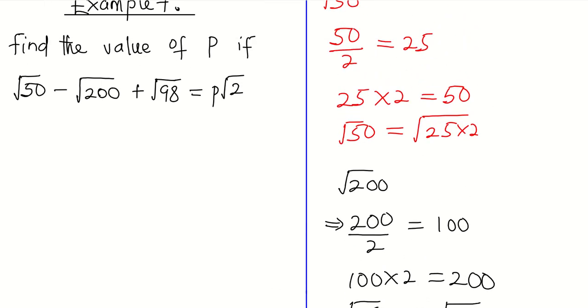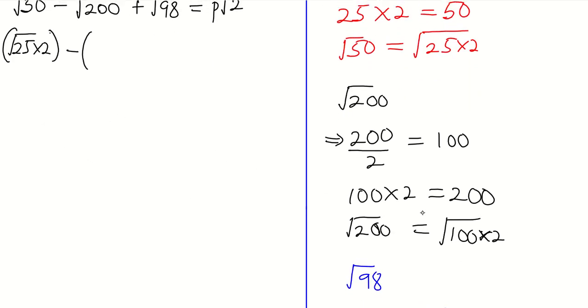In our main question, we have square root of 50 minus square root of 200 plus square root of 98 is equal to p square root of 2. Now remember, for square root of 50, we said we have square root of 25 times 2, which means in brackets we have here square root of 25 times 2. And for square root of 200, we said we should have square root of 100 times 2.